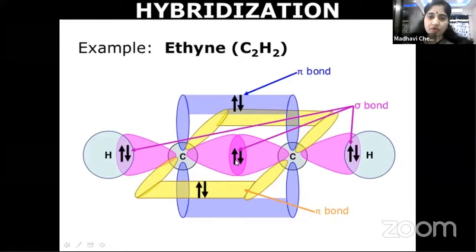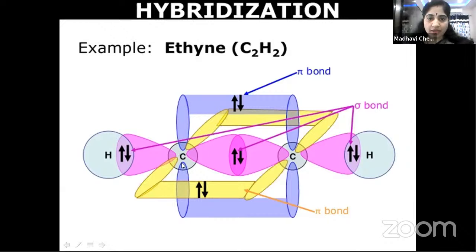You can see in this figure, children, the sp hybrid orbital of this carbon and the sp hybrid orbital of this carbon overlap and give a CC sigma bond, and each carbon has one more sp hybrid orbital, which overlaps with the s orbital of a hydrogen and forms the CH sigma bond. Now each carbon has two unhybridized p orbitals.